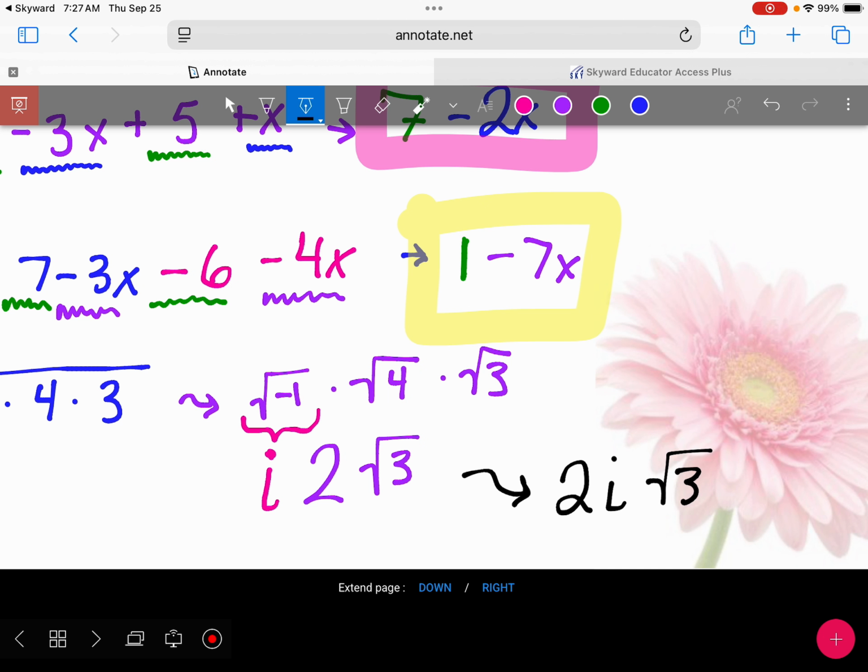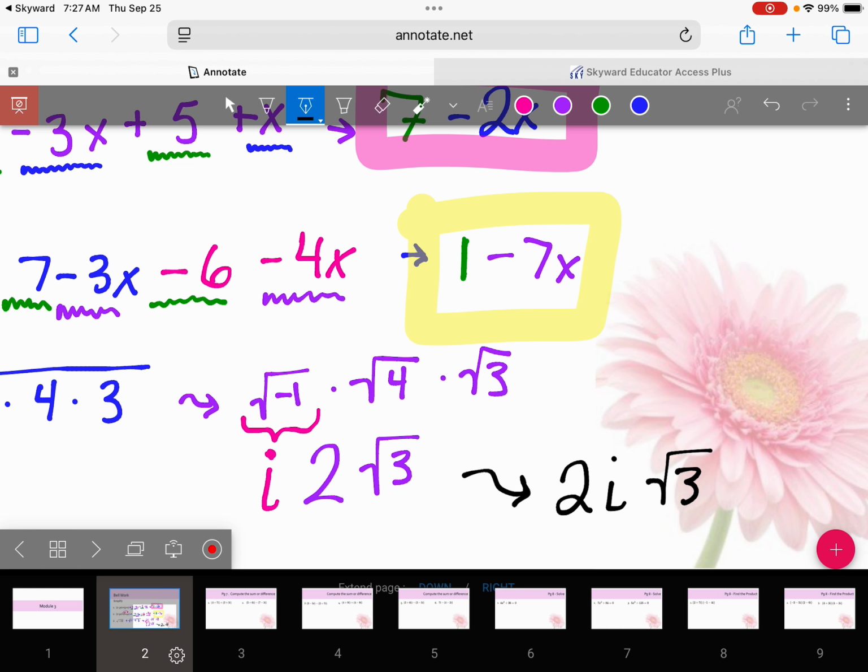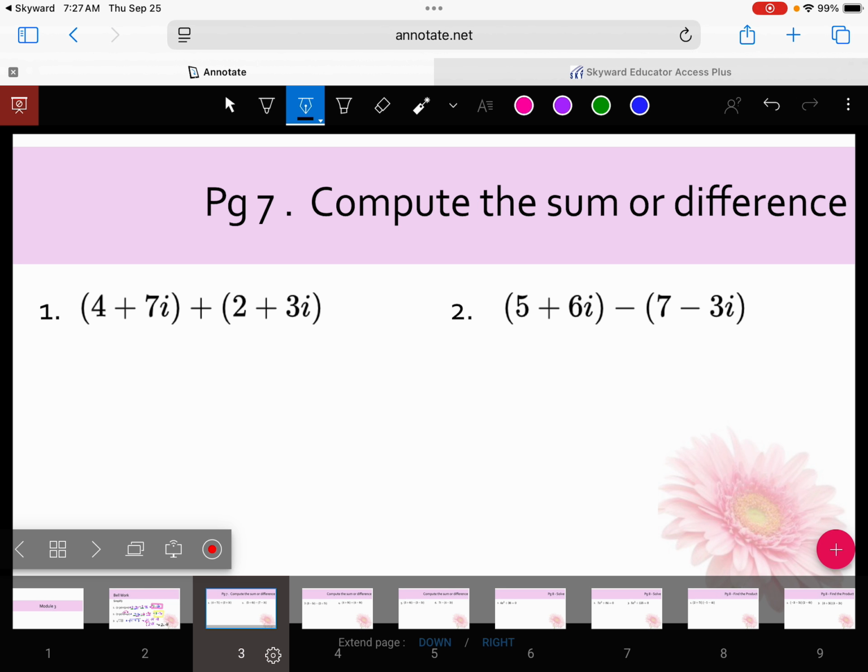Cool. Notes packet. Page 7. Same page we were on yesterday. Oh my goodness, we've got problems on the bottom of page 7 that look so much like those first two in the bell work. What? Relevance?